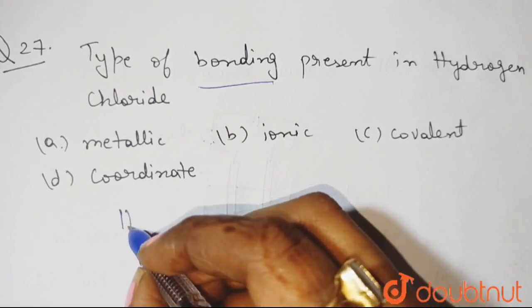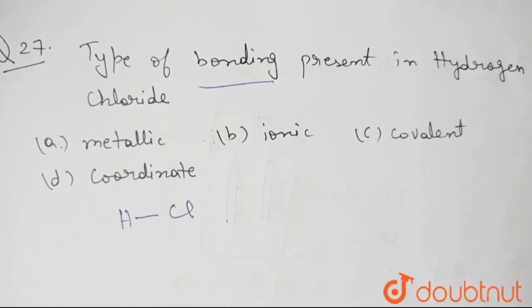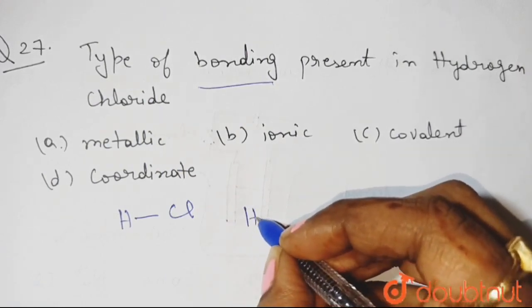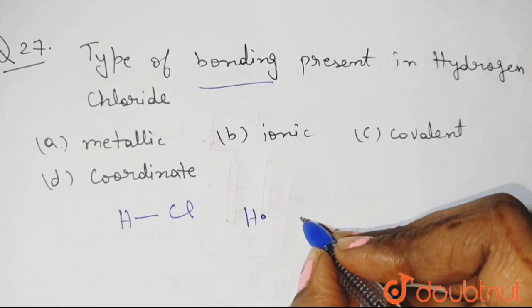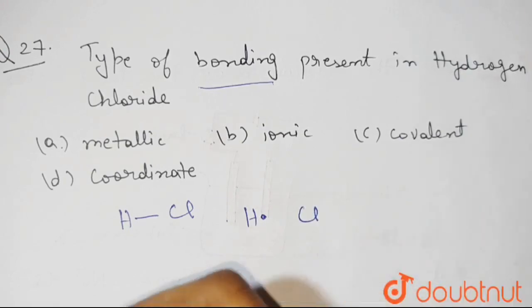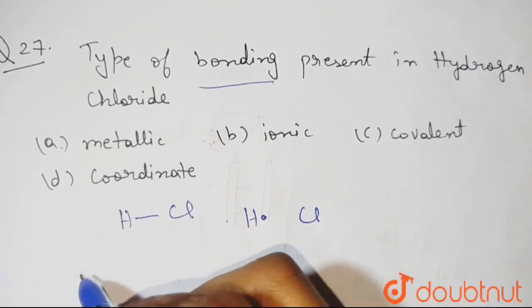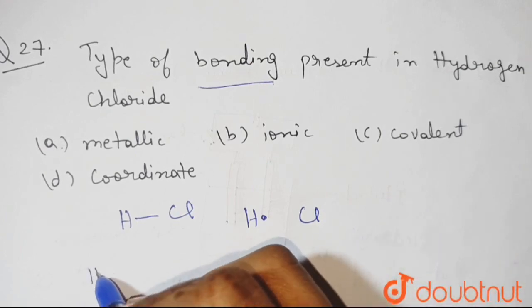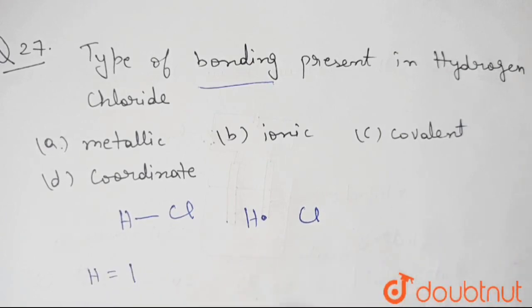It is HCl, right? So we know that in HCl, hydrogen gives 1 electron. And what is the electronic configuration of hydrogen? It is 1s1. Hydrogen has 1 electron in it.